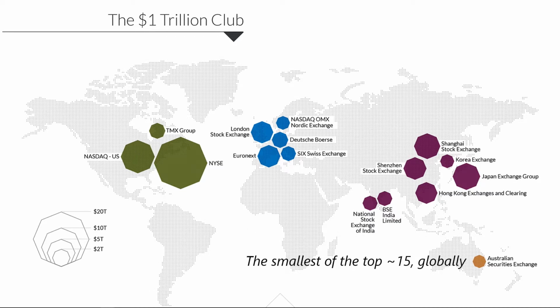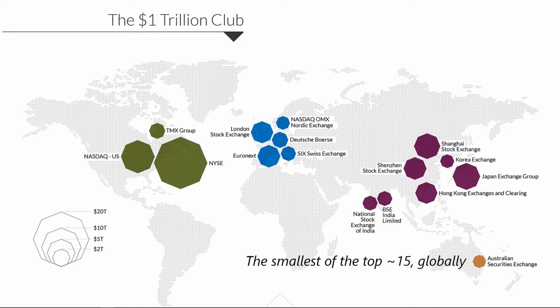We can see here that the Australian market, the Australian Securities Exchange down in the bottom right-hand corner, does make the list, but it's the smallest of the top 15 globally. That's okay. We've got a big country, a small population, and we're spread out all over the place. So we're punching above our weight, but nonetheless, we are the smallest of the top 15 globally.